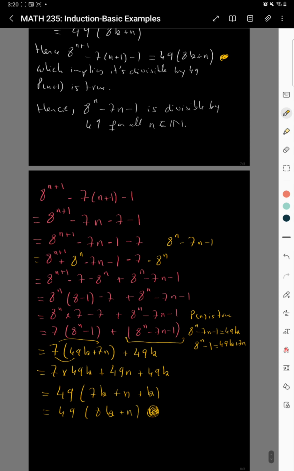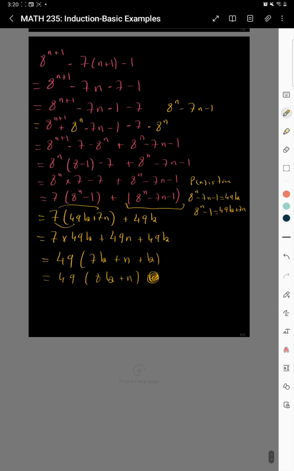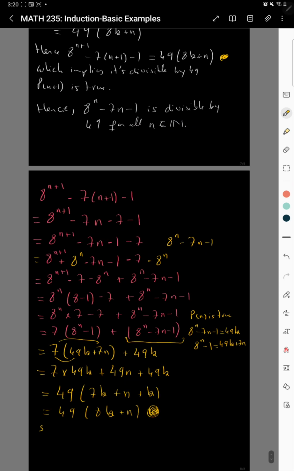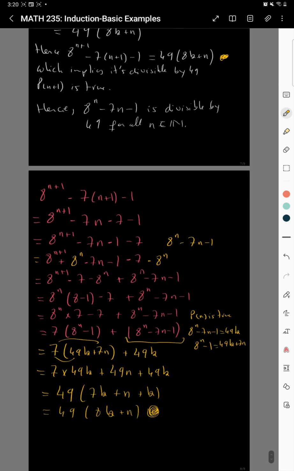One can follow one method or the other, but we see that both lead to the same result. So if Pn is true, then Pn plus 1 is true. Okay, thank you very much. We'll follow with a harder example next time.